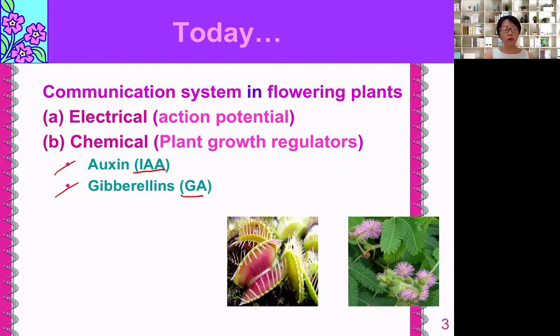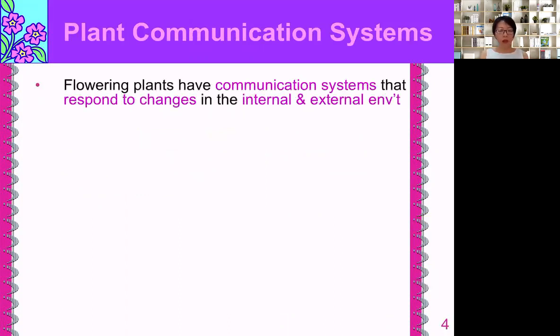Today we're going to focus only on the first one, the electrical way of communication, to achieve a very rapid response to a stimulus. Flowering plants have communication systems which allow them to respond to changes in the internal and external environment, just like us.